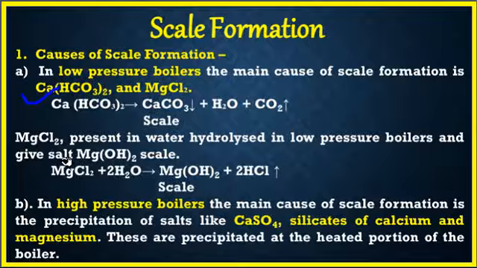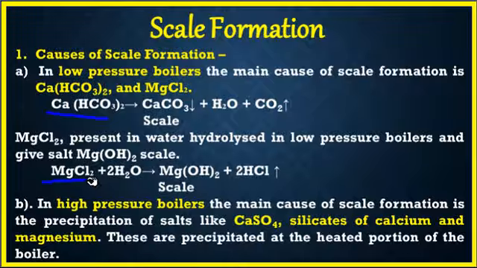But scale is formed by which salts? Scale is formed of calcium carbonate and magnesium hydroxide. But in high pressure boilers, the scale is formed due to calcium sulfate and silicates of calcium and magnesium. So the scale formation causing salts are calcium bicarbonate and magnesium chloride in low pressure boilers.